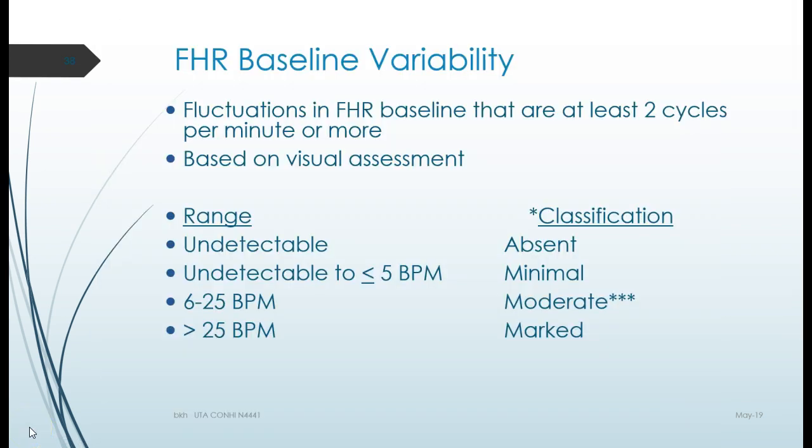Now we're going to talk about fetal heart rate baseline variability. That sounds like a mouthful, but what it really means is the fluctuation in the heart rate from beat to beat. If you think about what you've seen when you've been in critical care and you've seen somebody on the monitor, like on the pulse ox, and you watch their heart rate, it will show 72, 79, 73, 75, 68, 72.